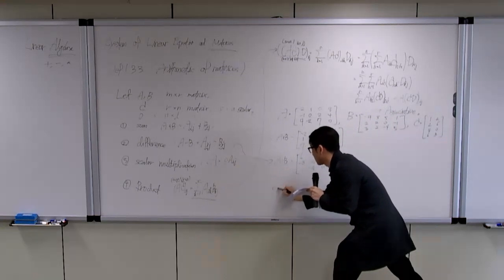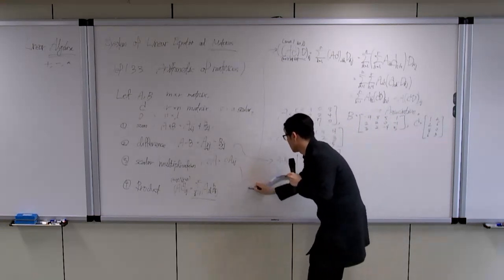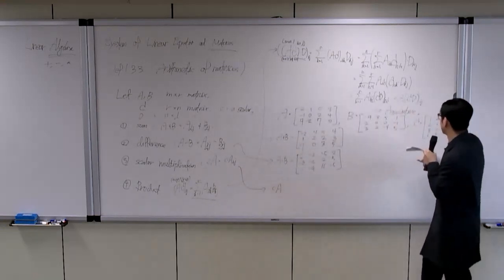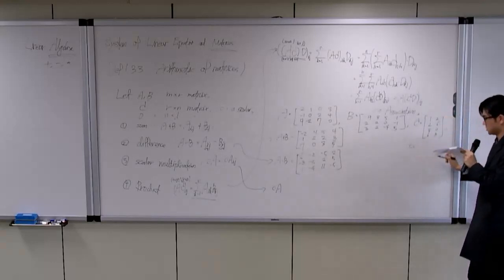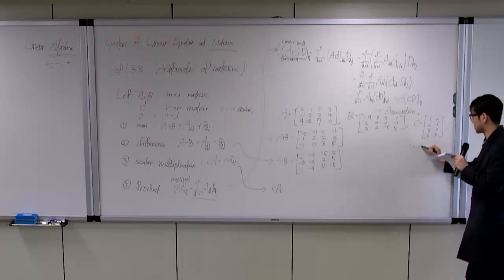If we calculate like this, then we get this matrix. And scalar multiplication also, I will give one scalar. C is -2.